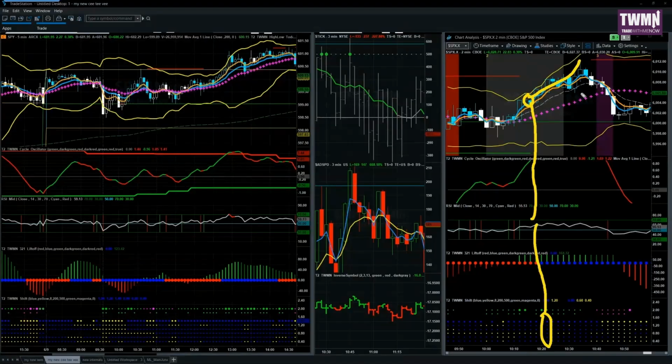Boom. And you trade it right up to level, and look at it. There's your level. There's your trade from here to here, and that's your exit. The level is your exit.